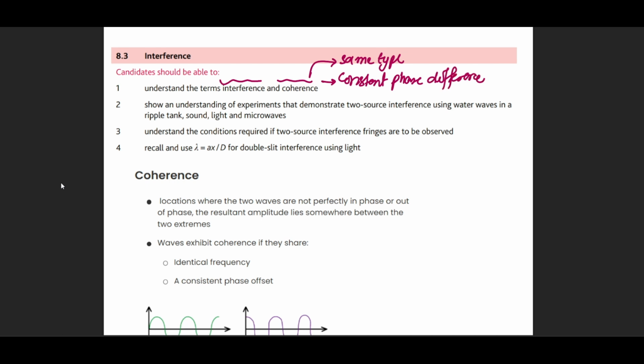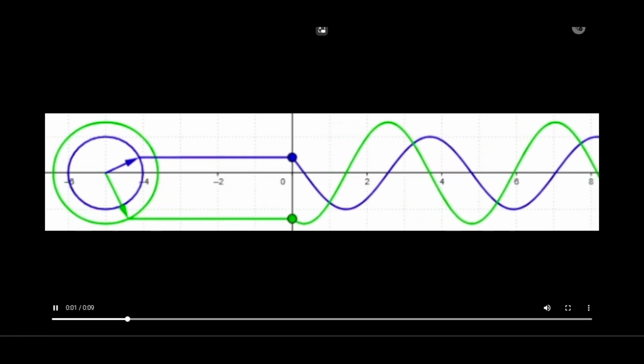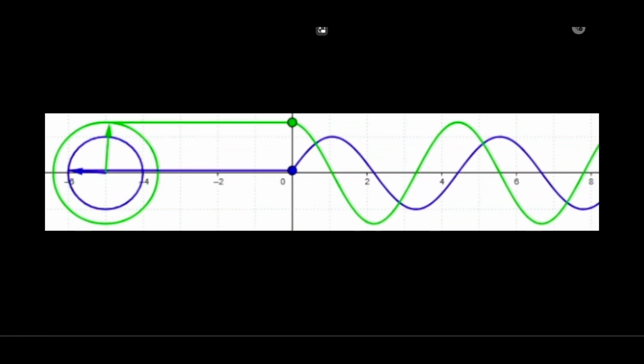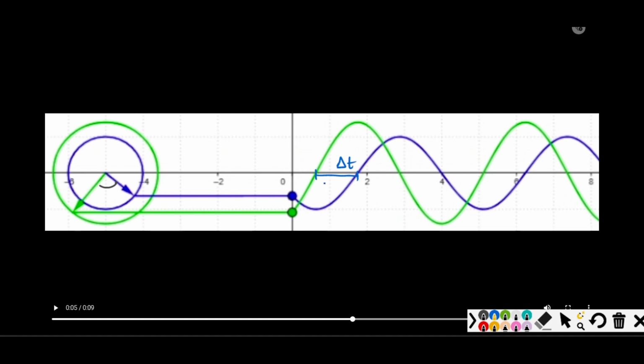This means that the angle between them should always remain constant, like this one. So there are two waves and there is an angle between them, as shown on the unit circle on the left. The angle between the waves should be constant, should not be changing, and that can be found by using this time as delta t with this time, which is the time of one complete wave.